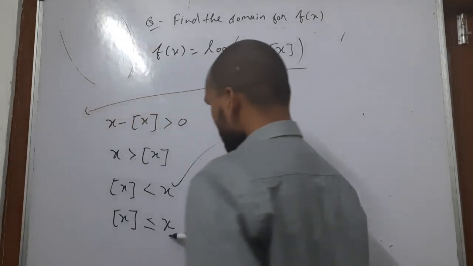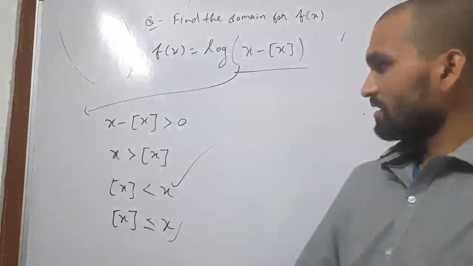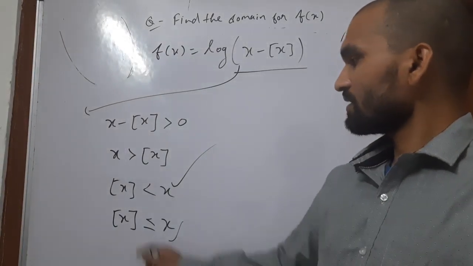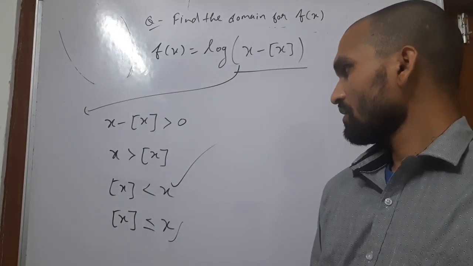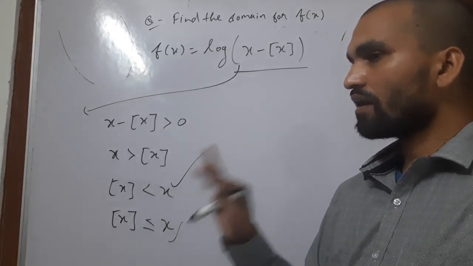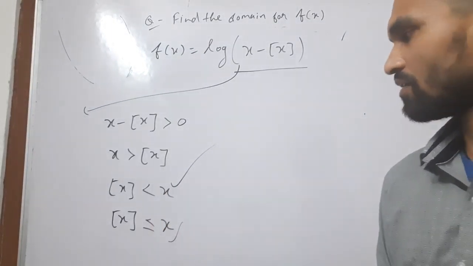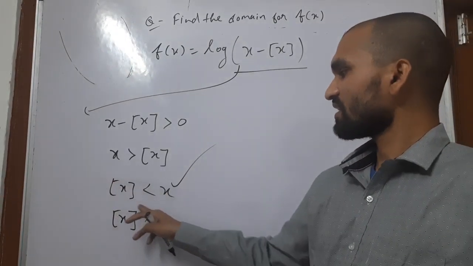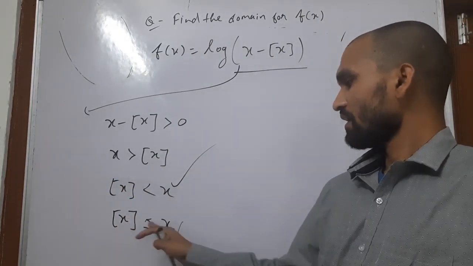If we compare these two statements, then we get that in our problem there is no equal sign. So we should remove all those values which give greatest integer x equal to x.